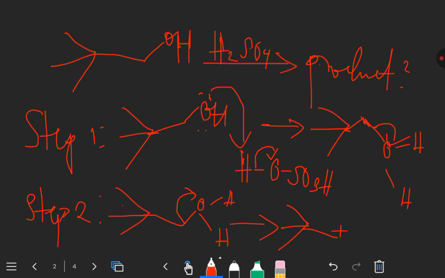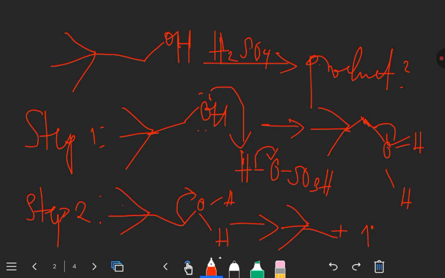Now we can see that this carbocation is formed from a primary carbon. So this is a primary carbocation, but a primary carbocation is not stable. So we need to transform this carbocation into a stable carbocation, meaning that we need to perform what is known as a methanide shift. So this methyl can shift to this point so that our carbocation can now be at this point.